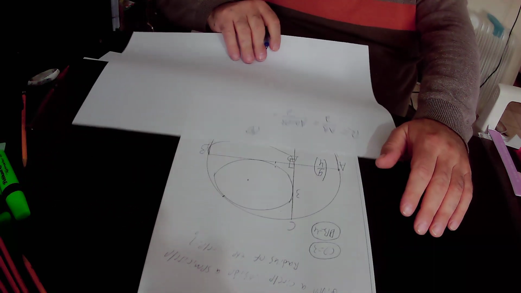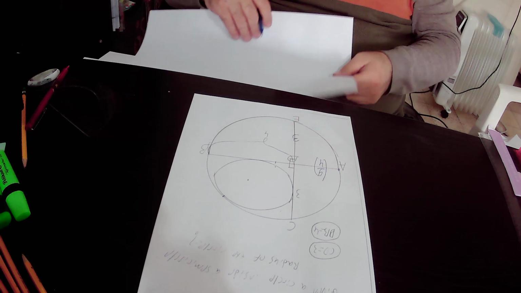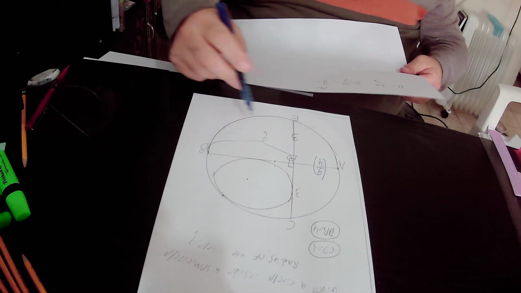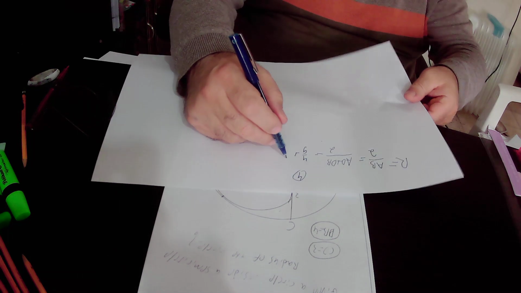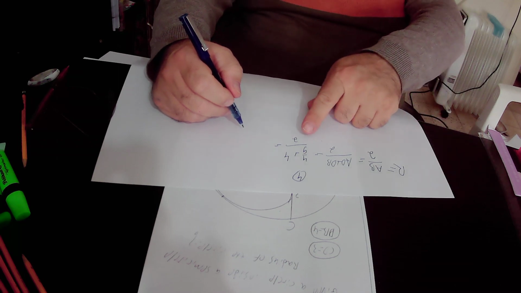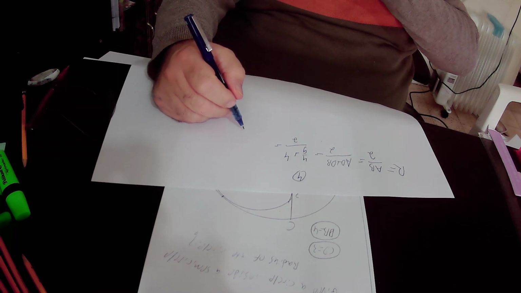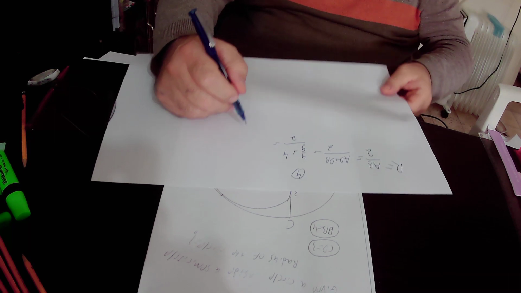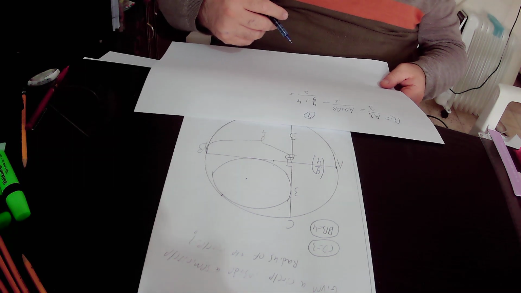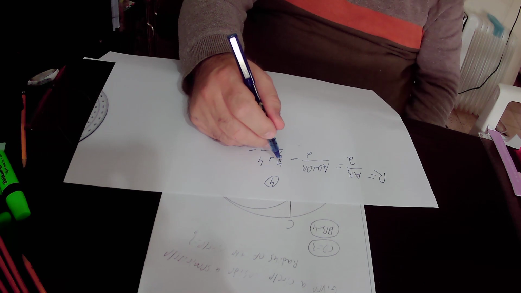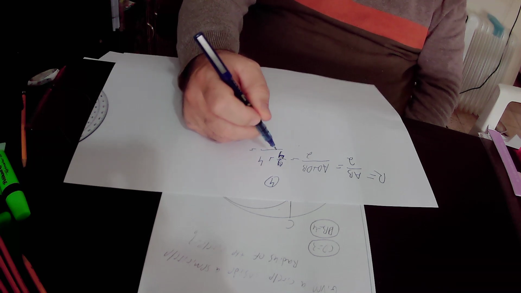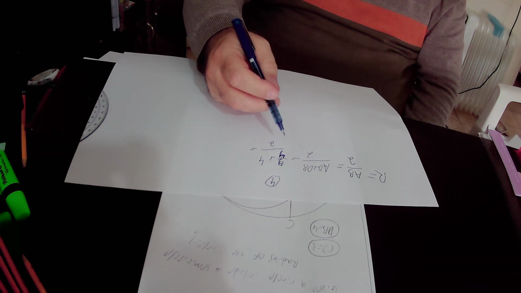Here AD equals 9 over 4, and DB equals 4 units according to what is given in the question.